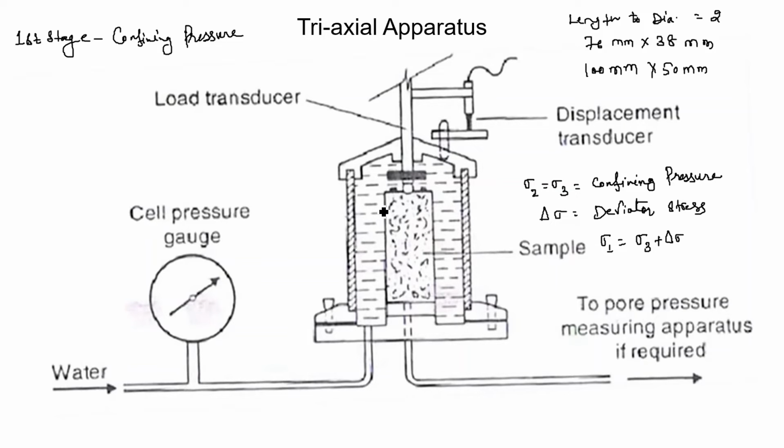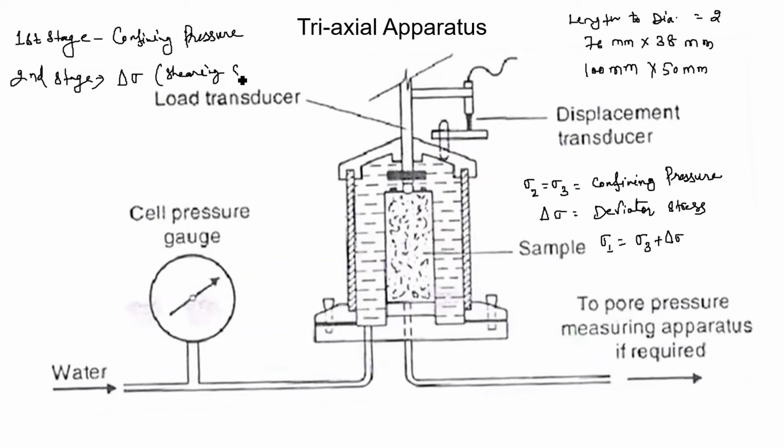So, you can say in the first stage the confining pressure is given to the soil sample, and in the second stage, the additional axial stress, that is the deviator stress, is given, and due to it shearing takes place in this soil sample. This is also called the shearing stage.